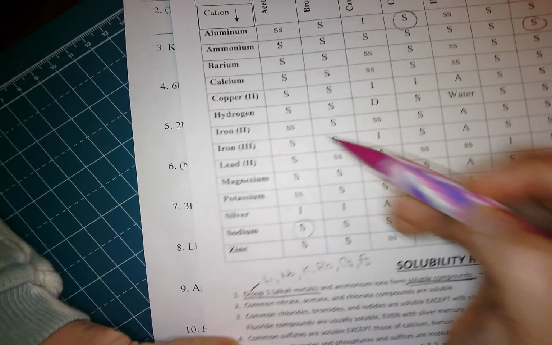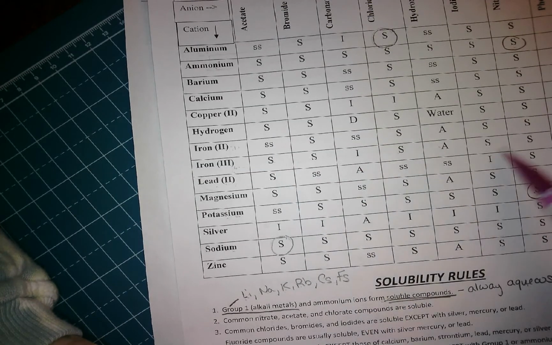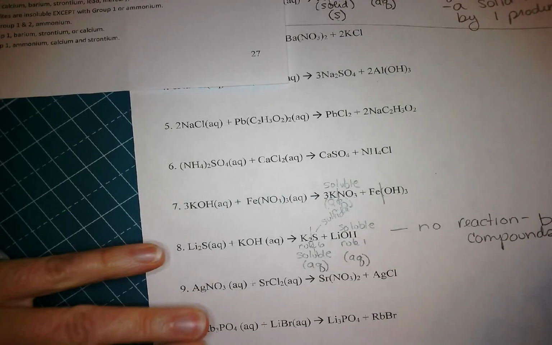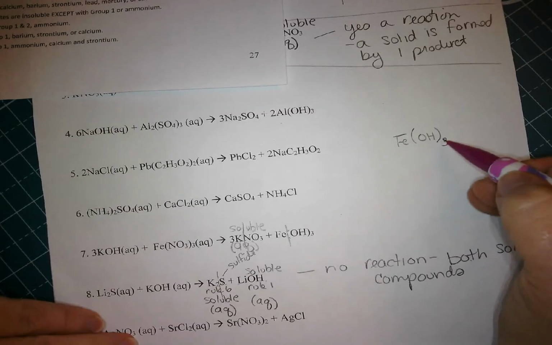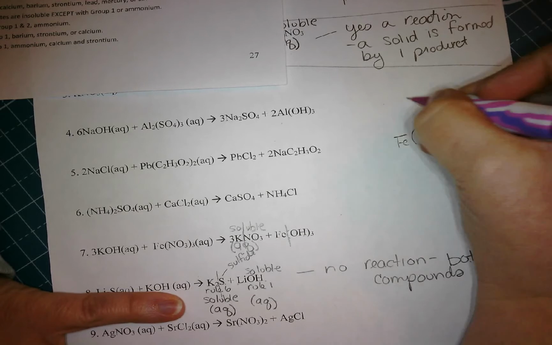If this whole side's -3, this side must be +3. So I am looking at iron 3 hydroxide here.